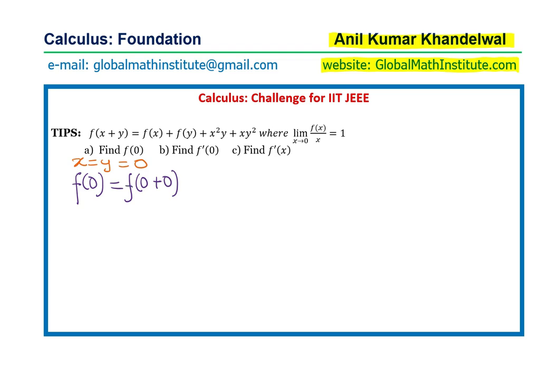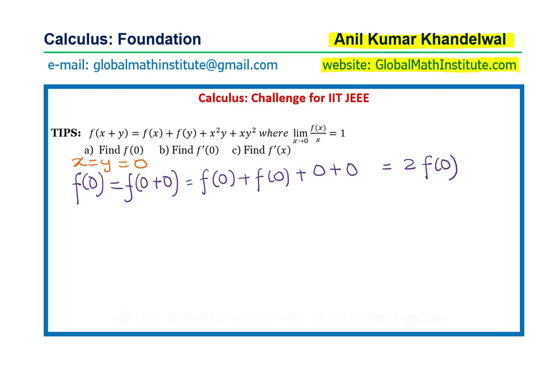Perfect. So in the expression, f of x, I'll make it 0, plus f of y, I'll make it f of 0, plus 0 times 0, which is 0, plus 0 times 0, which is 0. So clearly what we get is 2 times f of 0 equals f of 0.